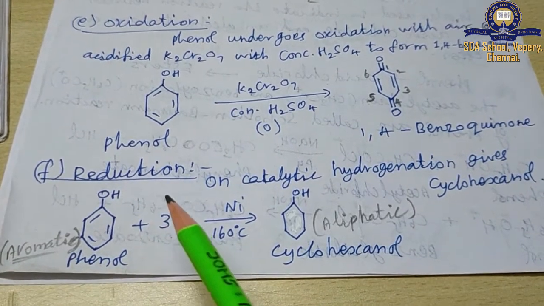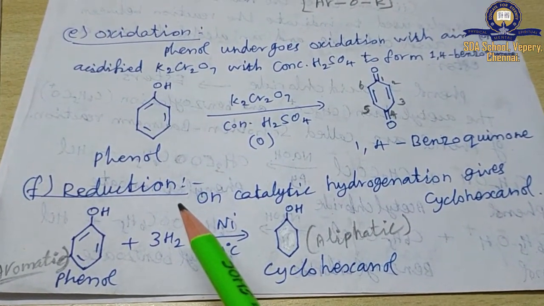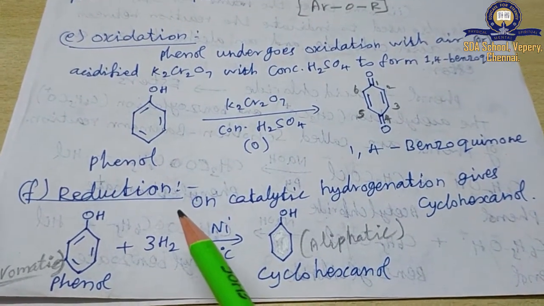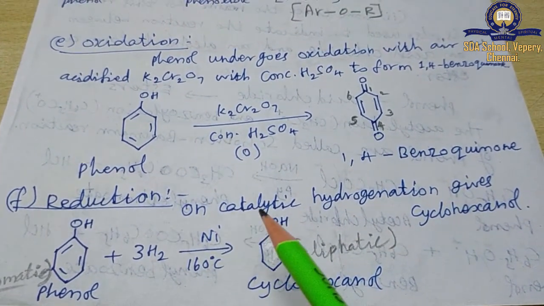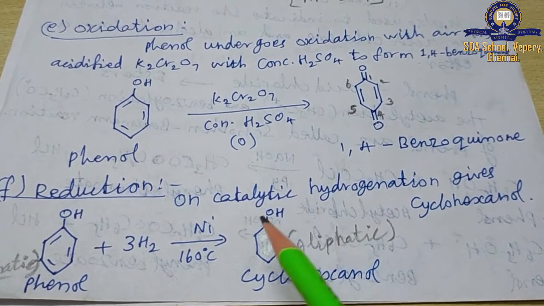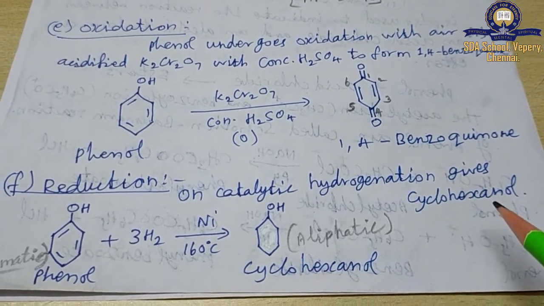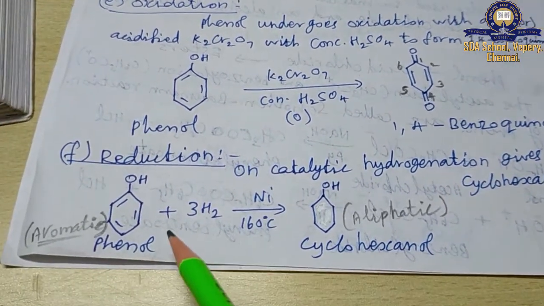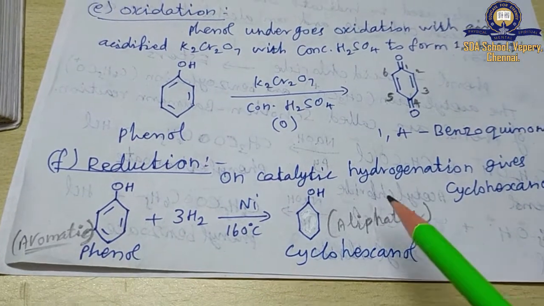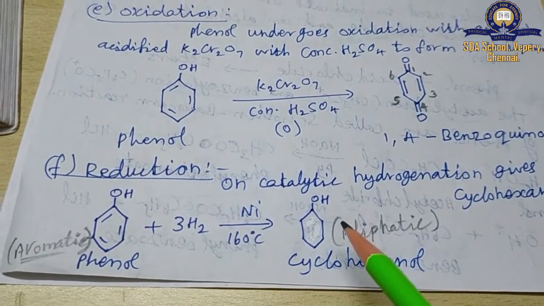Next one, reduction. Usually reduction means removal of oxygen or addition of hydrogen. Here in the presence of a catalyst, hydrogen is going to add on phenol. So catalytic hydrogenation of phenol gives cyclohexanol. That means converting an aromatic compound to an aliphatic compound. Mind it, this is an aromatic compound and this is an aliphatic compound.